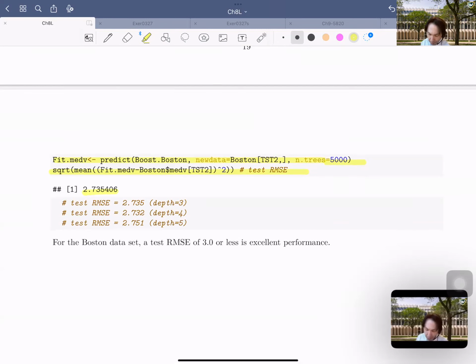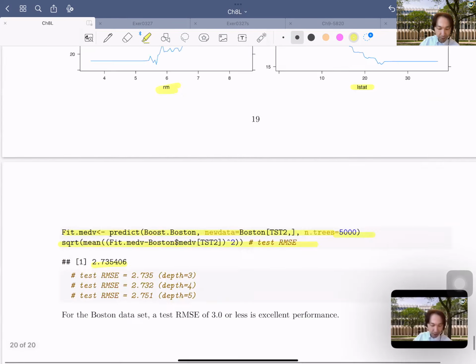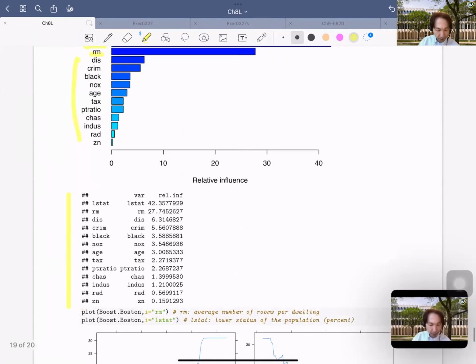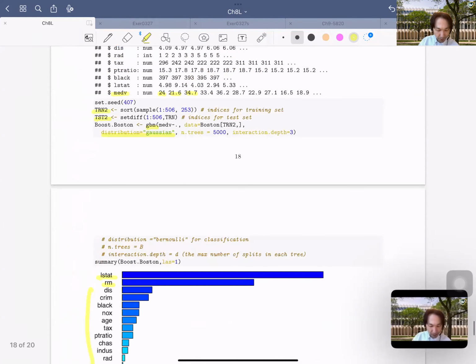This is pretty small. Usually it's hard to get less than 3; 3, 3.1, 3.2 are good numbers. If you just fit a linear model, usually you can achieve 4.5 or something like that. So this method works very well for this dataset. I don't know the exact reason, but it's the case for this example.